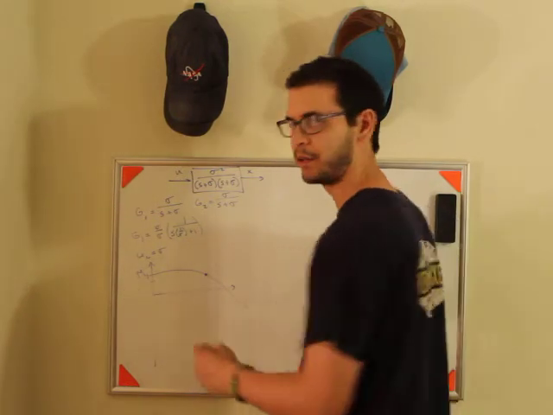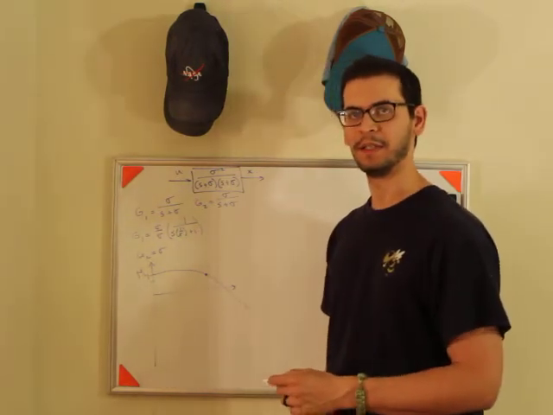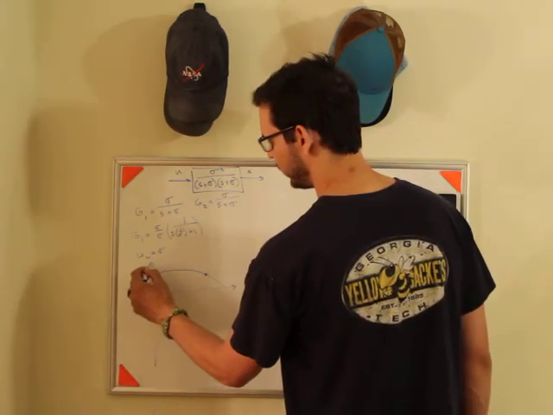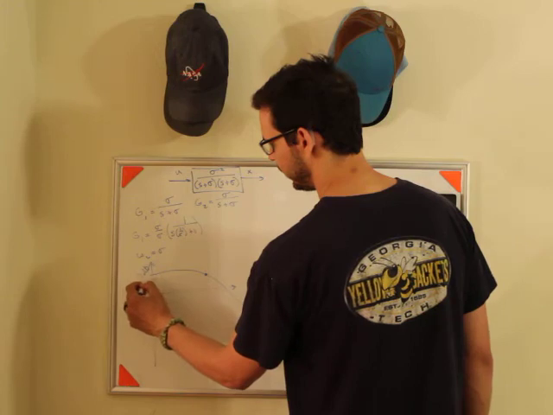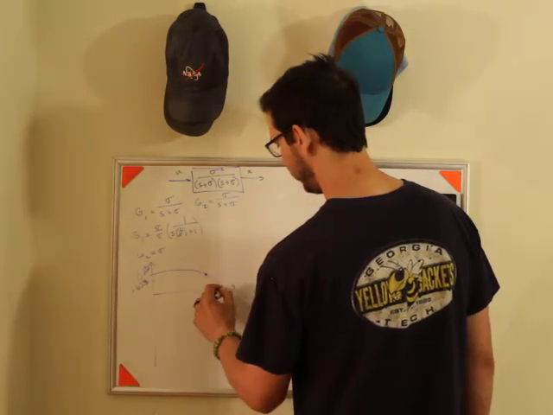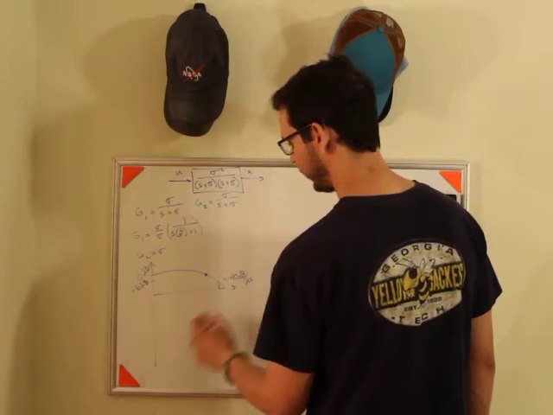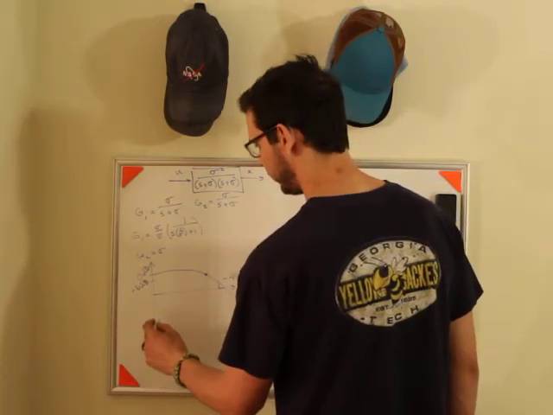I don't know what this is in magnitude, but it's irrelevant. I'm just going to draw this in dB. So this is 0 dB, this is minus 6 dB, and then this slope here is minus 40 dB per decade, okay?